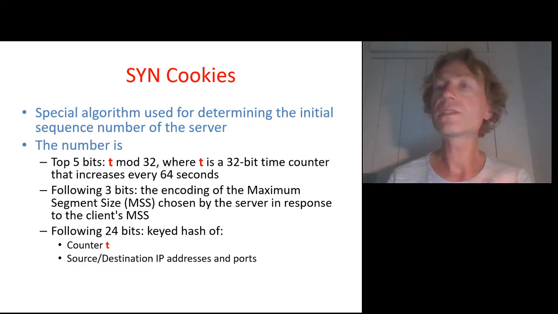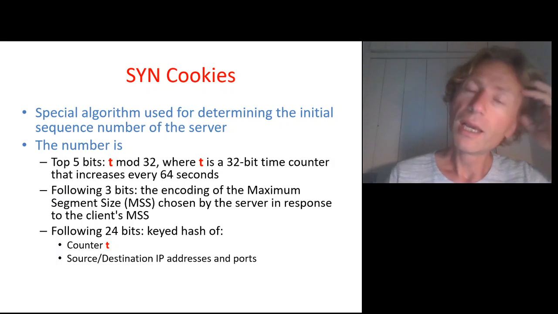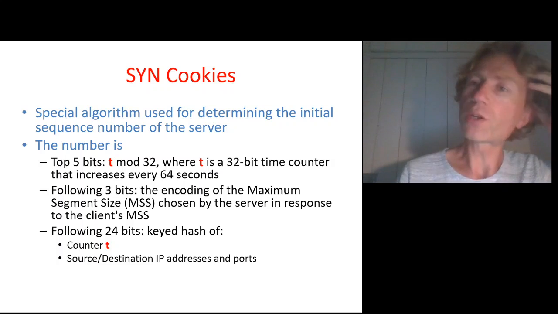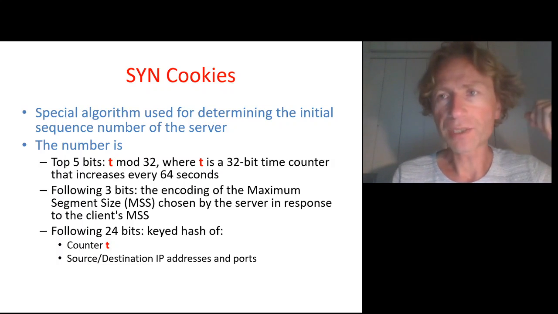So this is something that we can obviously use later to verify. Now, why do we pick such a really complicated way of calculating an initial sequence number?